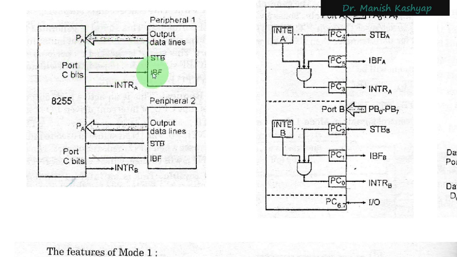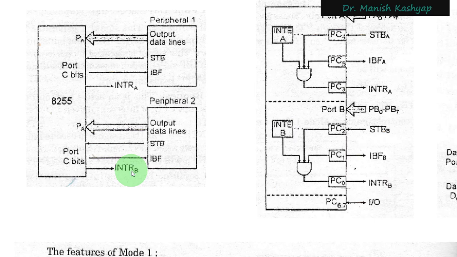Then this IBF, input buffer signal, goes from the 8255 to this peripheral, and the same logic is applicable here. And the interrupt for port A and the interrupt for port B are also available here. So this is how we operate in mode 1, and in mode 1 we are using the mechanism of interrupts. So that's what we have seen here.